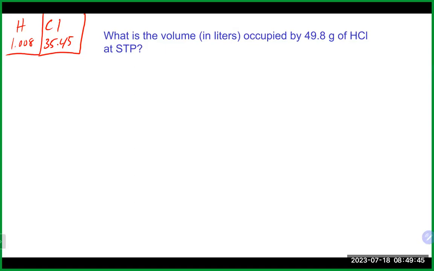Okay, let's take a look, see how you're doing. So in this case, we're looking for a volume. We have 49.8 grams of HCl. Although it's in grams, we definitely can get to moles. And we do have STP, which again represents 1 atmosphere for the pressure. It also represents, for the temperature, 273 Kelvin.